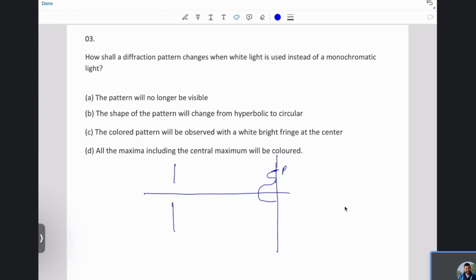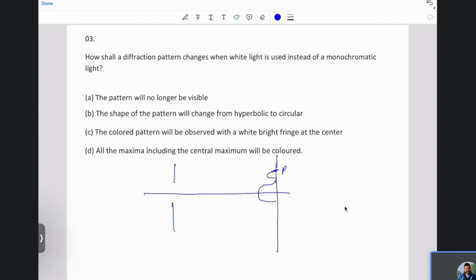But do you think the white light, isn't that a problem with white light, that it might not be coherent, because you need coherence?